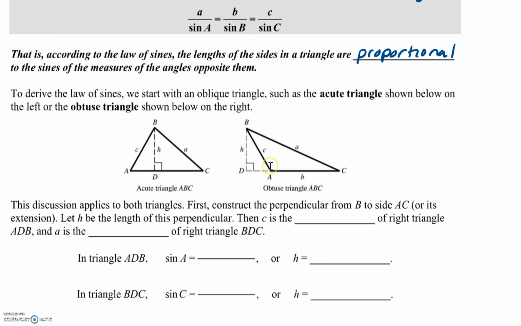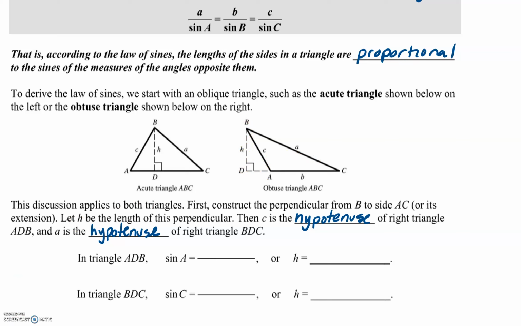Same thing, it's still AC. Then c is the hypotenuse of right triangle ADB, and even in this one, it's ADB. And a is the hypotenuse of BDC, this side, BDC, and on this one as well, BDC.